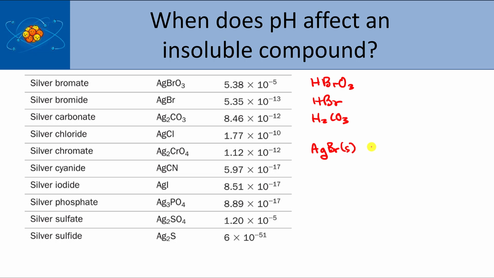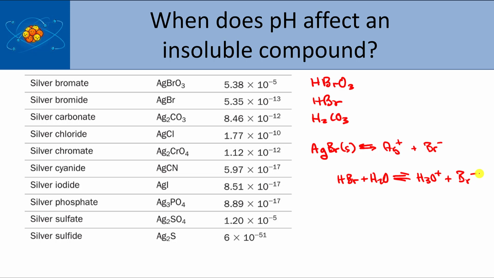Solid, and then equilibrium with silver ion. This is what we're doing in this chapter, plus Br minus. Now, Br minus is also part of an acid. I'm not going to say it's weak or strong yet, but it's HBr plus H2O makes H3O plus Br minus, like that.